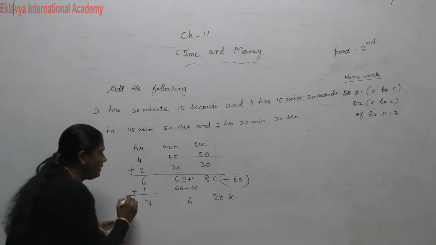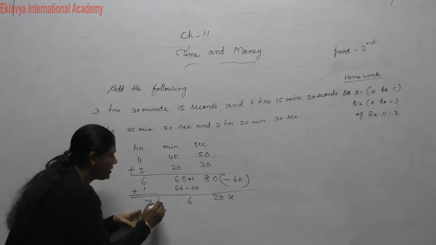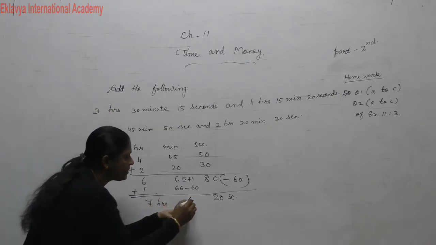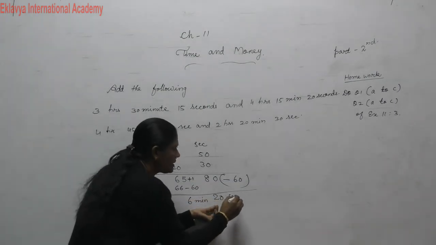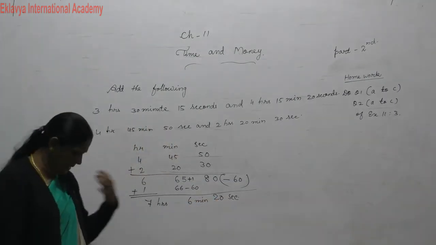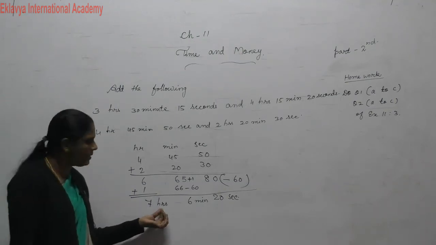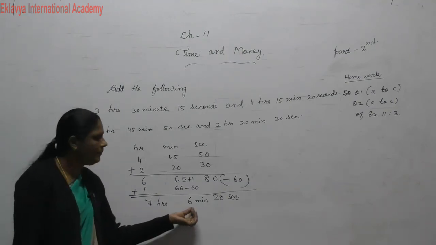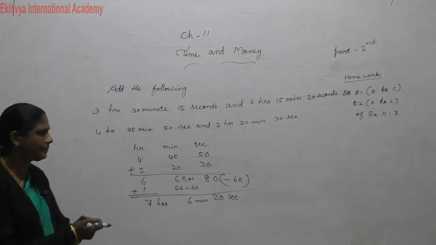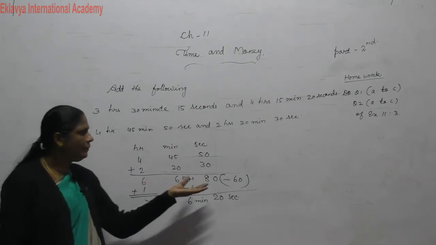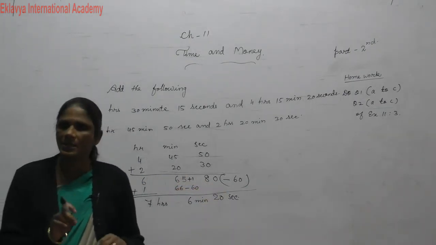Final answer: 7 hours, 6 minutes and 20 seconds. Understand? Why do we subtract 60?